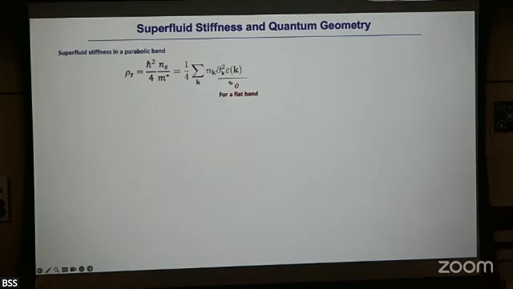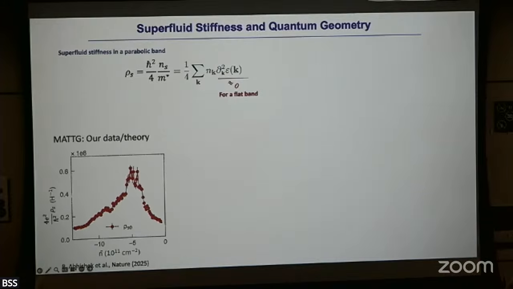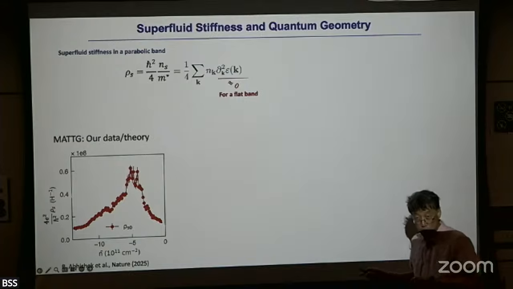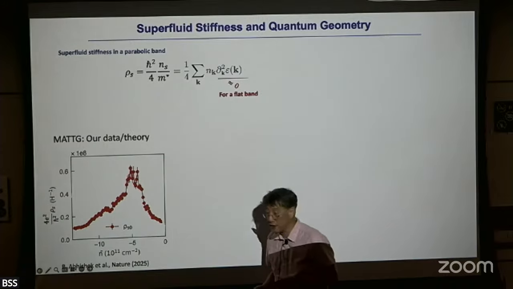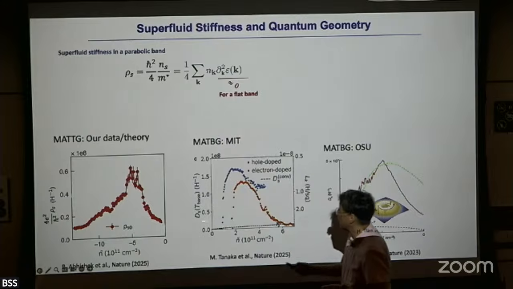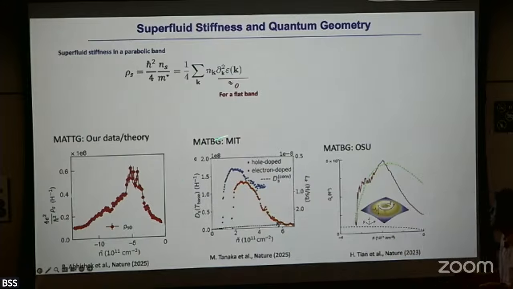Now, how small is it in the data? I just converted that into Henry here, and the reason is that it's not only our measurement. There are other groups who also measured the superfluid stiffness in Rayleigh graphene. At the same time we published our paper, there was a paper from the MIT group.